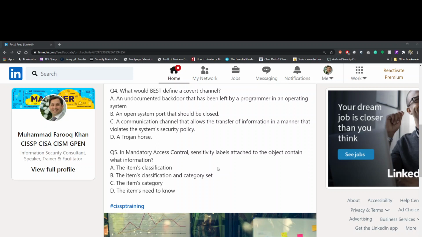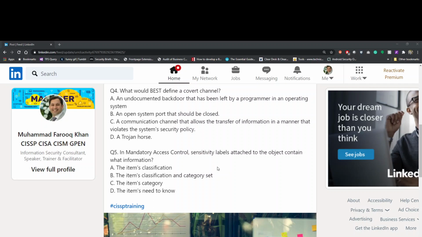So option A, it's the item's classification, yes, but there's another item. And the second item is going to be the category. So option B is the best answer here, that tells the item's classification and its category. The category of an object is going to give you a need to know for that object.